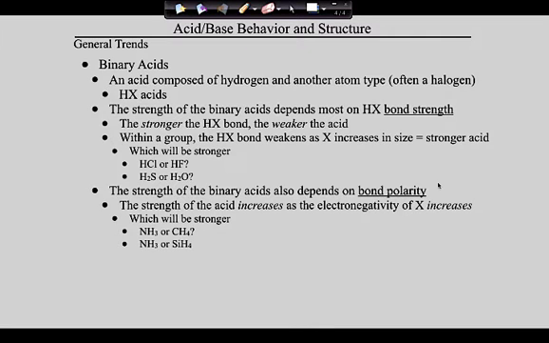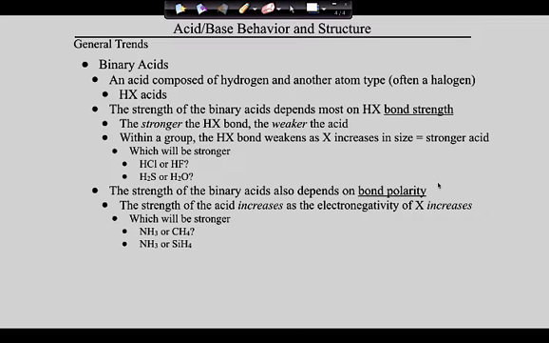So now do this one. We've got NH3 and SiH4. See the problem? Here we've got our nitrogen, and here we've got our silicon.